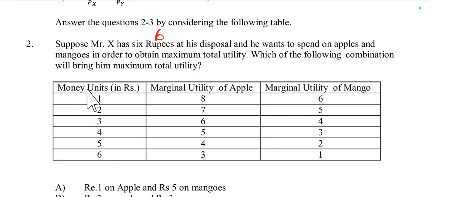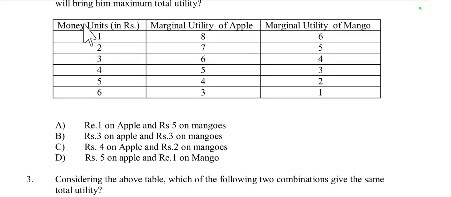Here the money units given are 1, 2, 3, 4, 5, 6, a total of 6 rupees, and the marginal utility of apple and marginal utility of mango are given here. So first we have to calculate the utility of each combination. According to the question, we calculate the total utility, and whichever is maximum is the maximum total utility. First one is 1 on apple and the rest 5 on mangoes. 1 apple gives total utility 8.